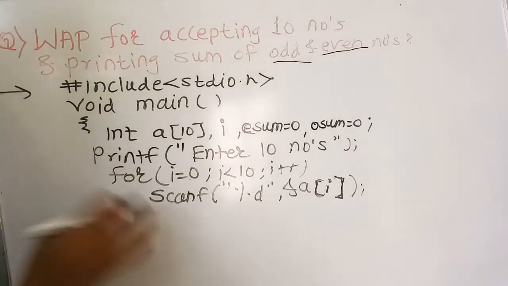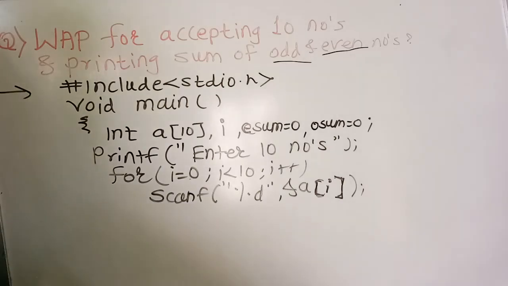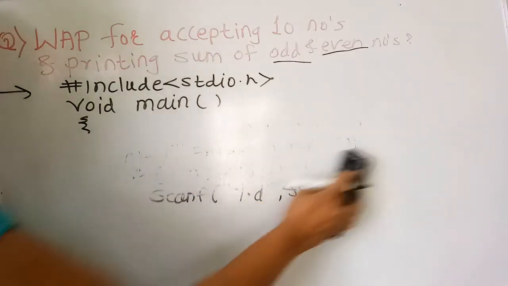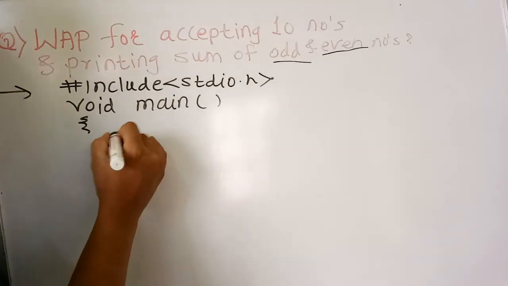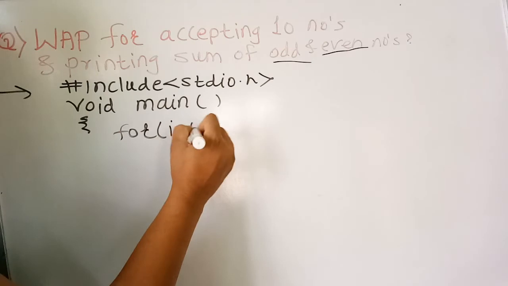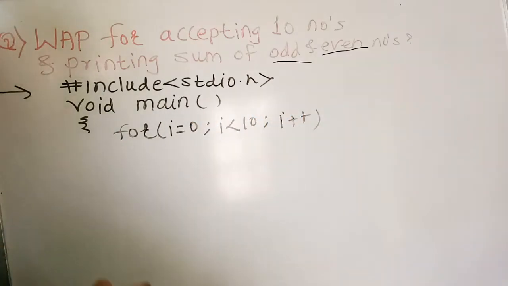Now we have accepted the numbers. Now we have to calculate the even and odd sum. For that, we will take a separate for loop, that is for i equals 0, i less than 10, i plus plus.